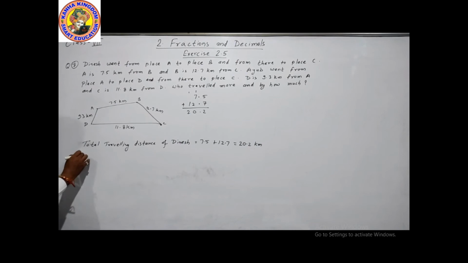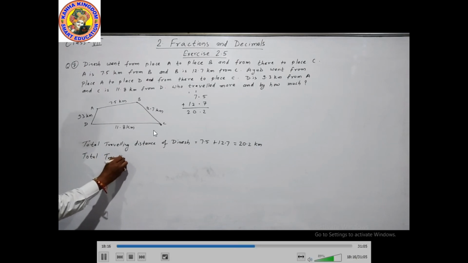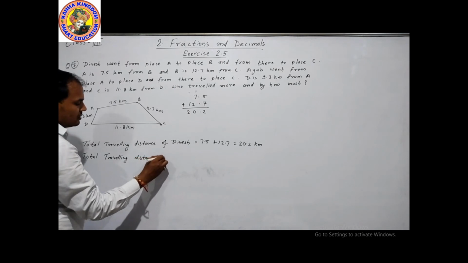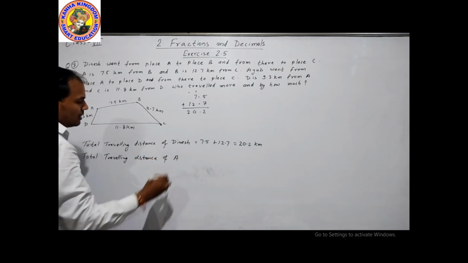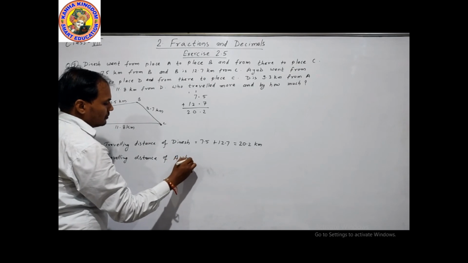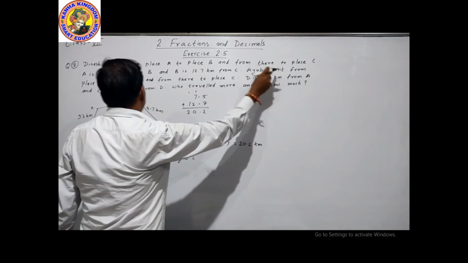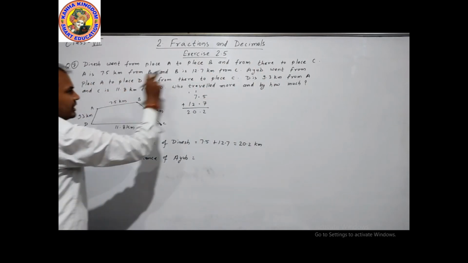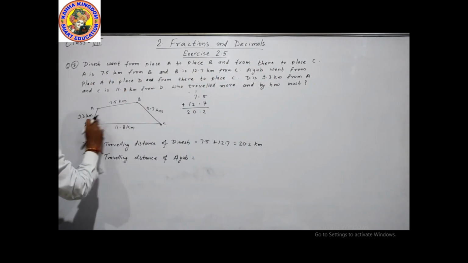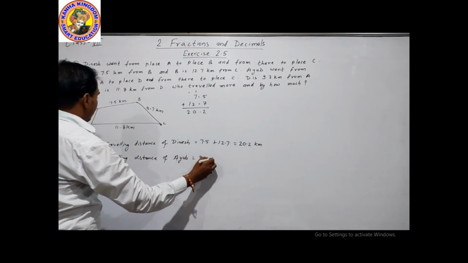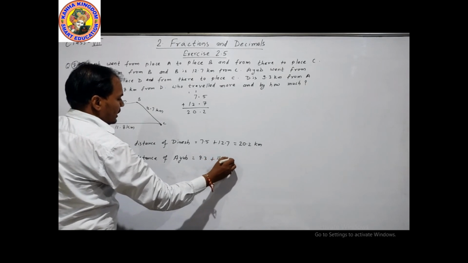Now the total traveling distance of Ayub is equal to, Ayub went from A, D, C, 9.3, 11.8.